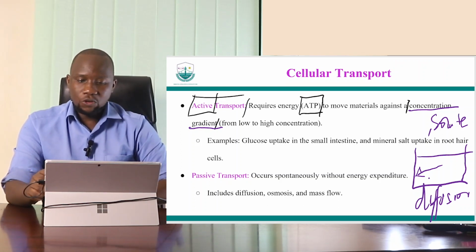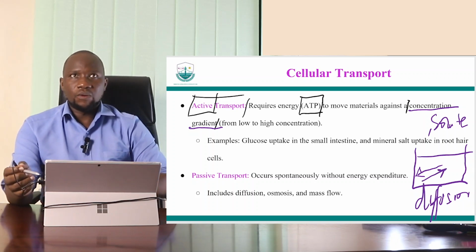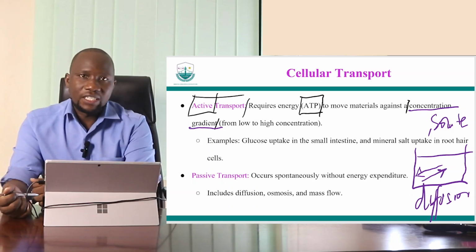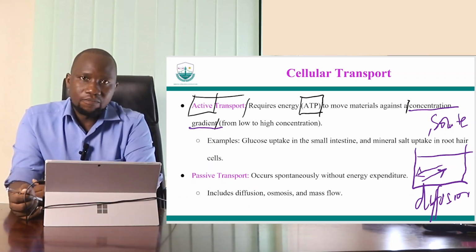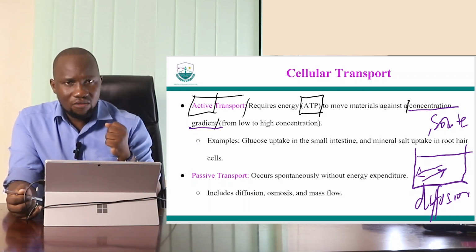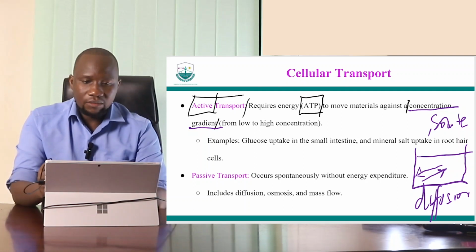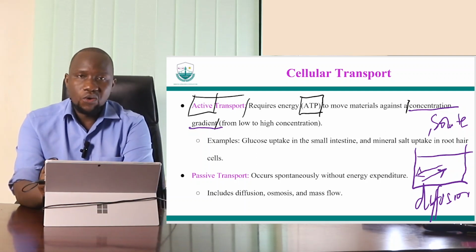Now, against the concentration gradient is when you have particles move from low to high. Okay, so it is against, it is an uphill task. It's like you have to push in. Just assume that you are moving in a crowded place.